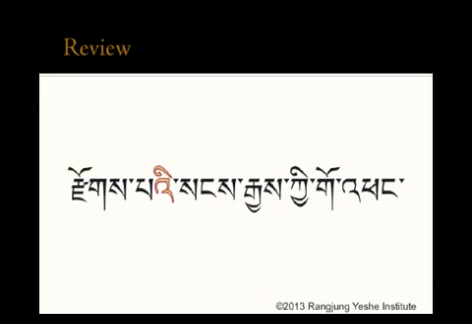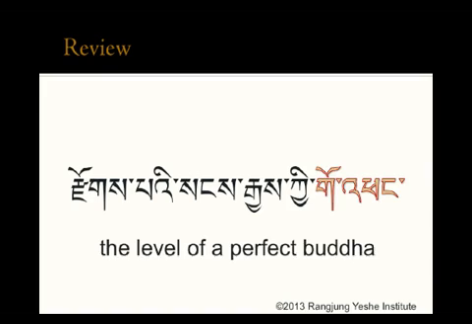But sangye is connected to an adjective here, dzogpa, meaning perfect or complete. Now this adjective is describing what follows, so altogether, dzogpe sangye ki gopang means the level of a perfect Buddha.